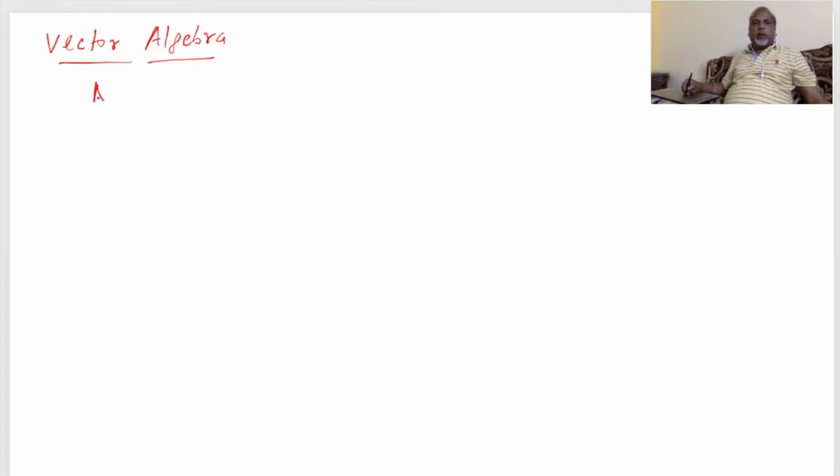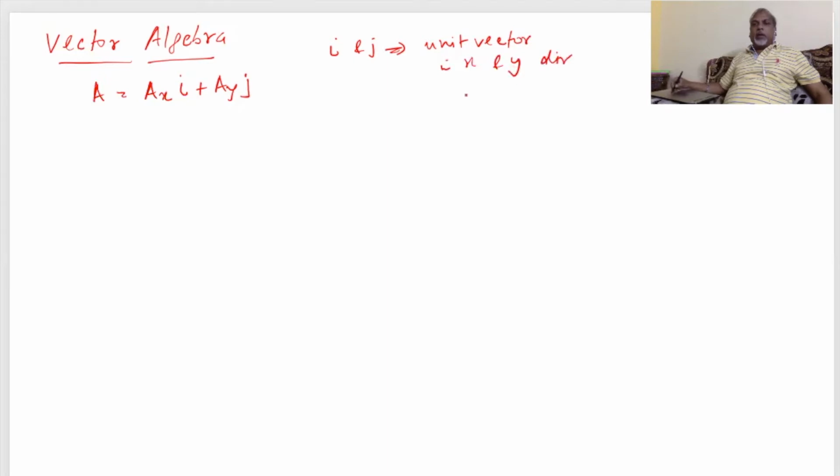If vector A is there, then this can be resolved in AX i plus AY j. Basically, this i and j are unit vectors in X and Y direction respectively.